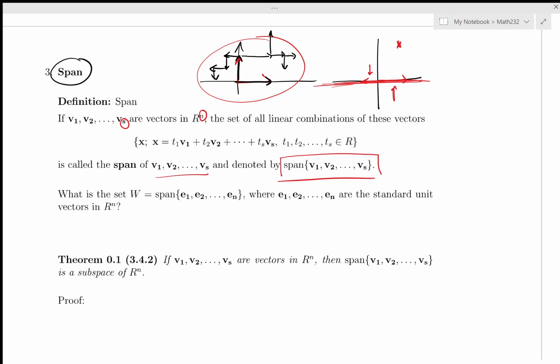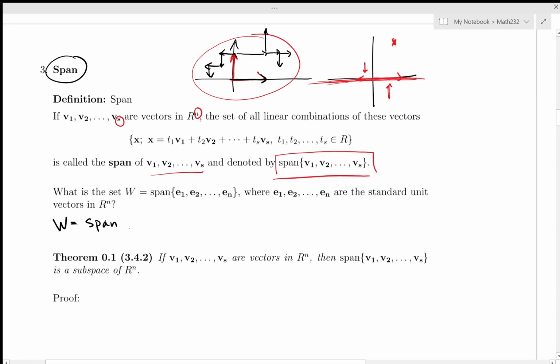Okay, so what is the set W equal to the span of the standard unit vectors in Rn? So that's the question. Again, we're just going to take a quick look at R2 because that sometimes is helpful. W equals the span, and let's look at what the standard unit vectors in 2 dimensions are, and that looks like this: (1, 0) and (0, 1).